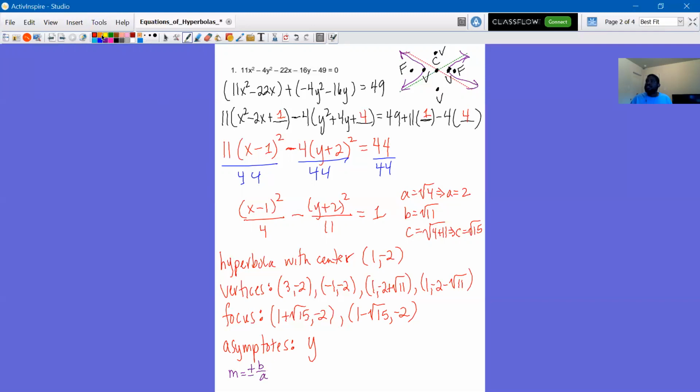So one of our equations is y plus 2 equals square root of 11 over 2 times x minus 1. And then the other asymptote is y plus 2 equals negative square root of 11 over 2 times x minus 1. That is how we describe our hyperbola.